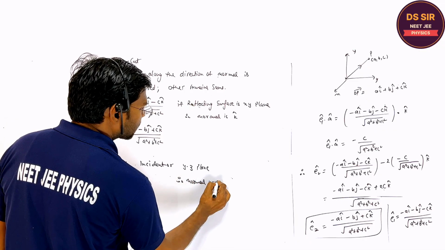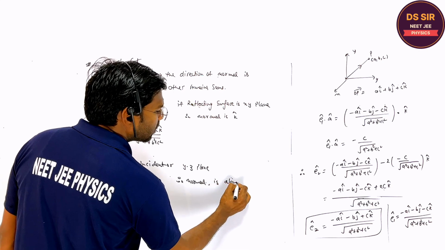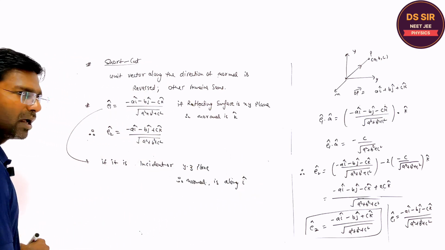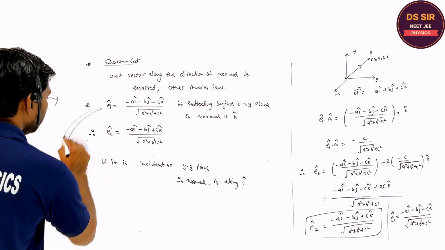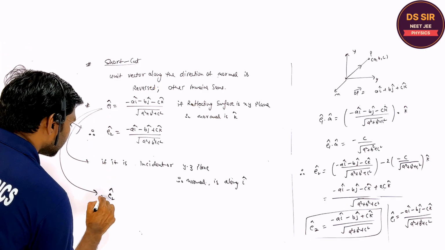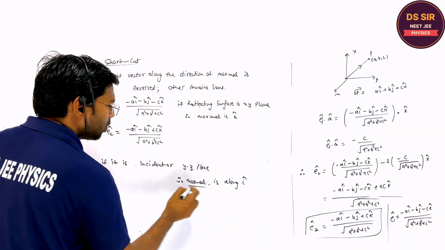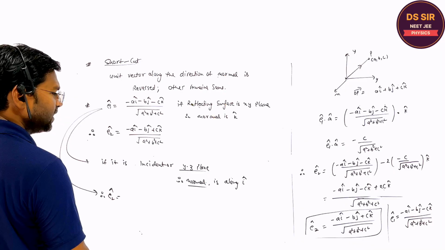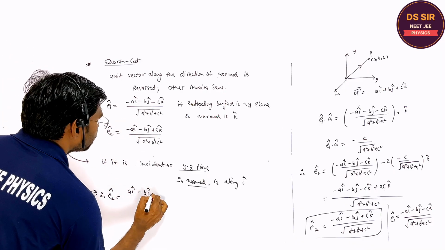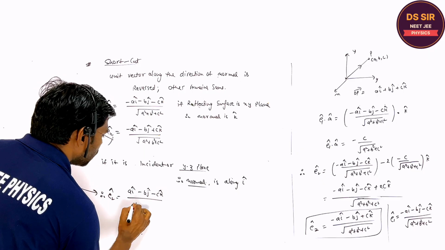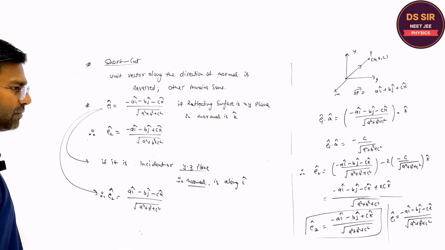Normal is along, say, i cap. Are you getting or not? So what will be the reflecting vector you will write? Only the i component, which is along the normal, stays, because it is now the yz plane, so ai cap minus bj cap minus ck cap upon root over a square plus b square plus c square. Is it clear or not, you tell?